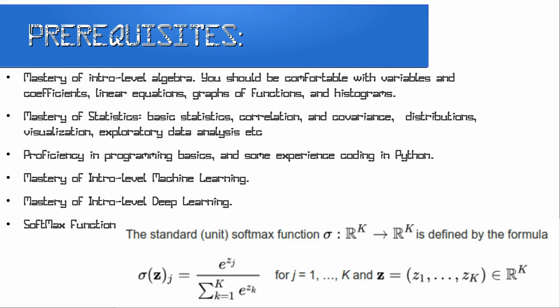In mathematics, the softmax, also known as soft argmax or normalized exponential function, is a function that takes as input a vector of k real numbers and normalizes it into a probability distribution consisting of k probabilities. That is, prior to applying softmax, some vector components could be negative or greater than 1 and might not sum to 1.